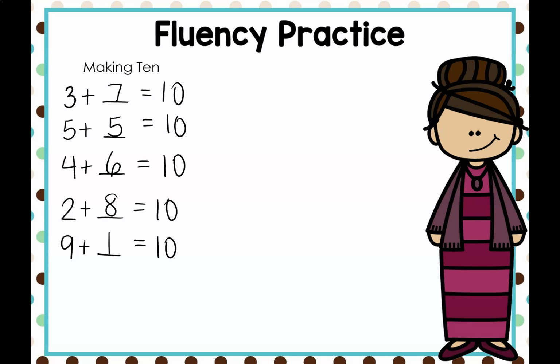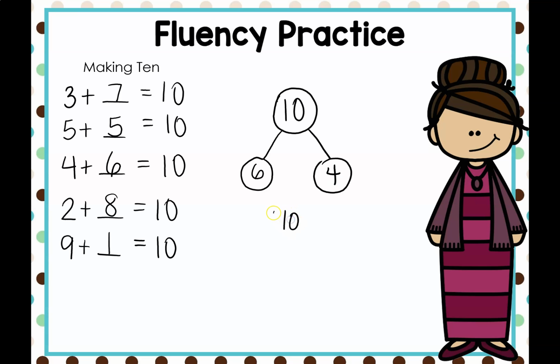Okay, so we're going to do number bonds next. 10 would be what we're trying to get to. In one of the circles, we're going to put 6. What would go in the other part of the number bond? 4. Let's do another number bond.